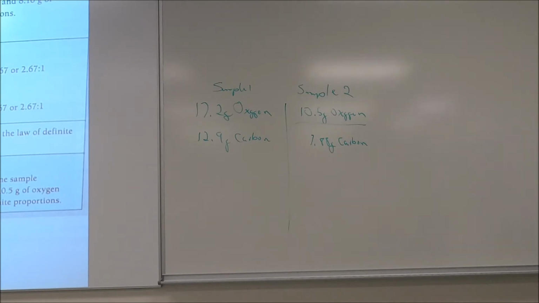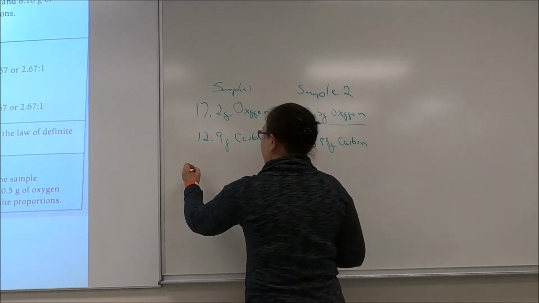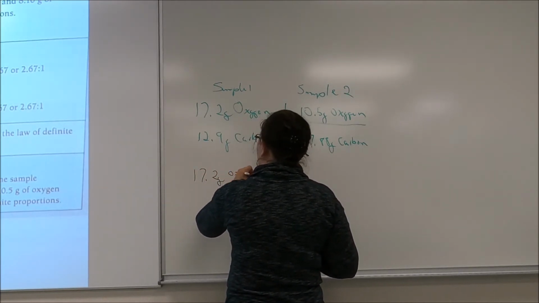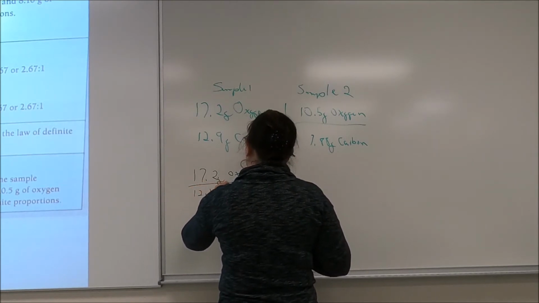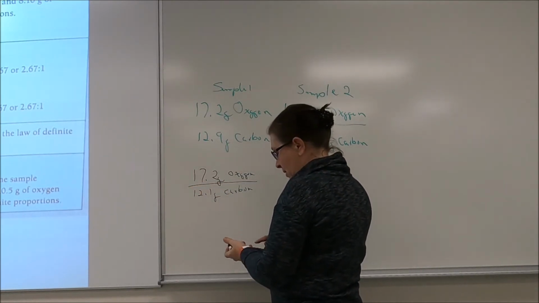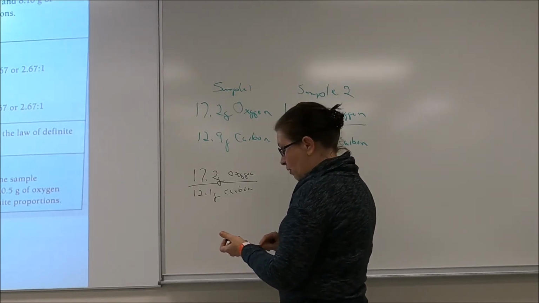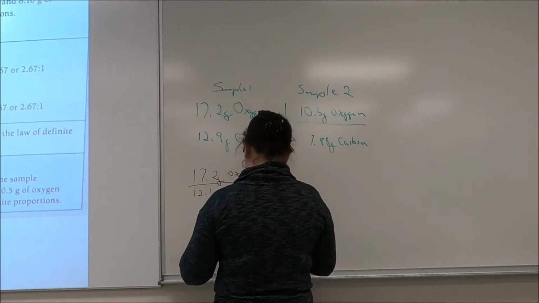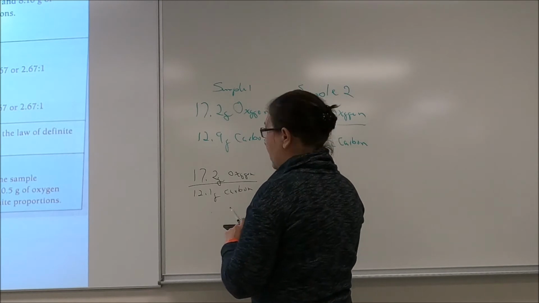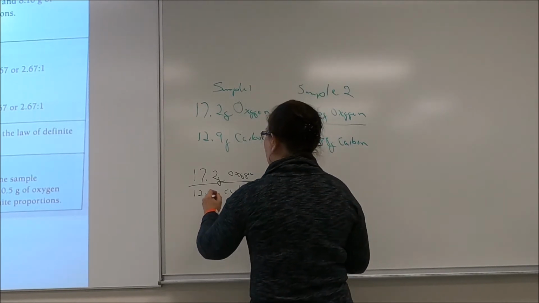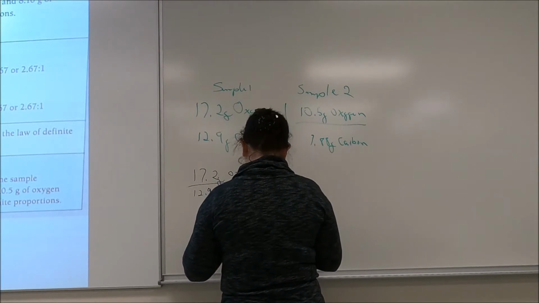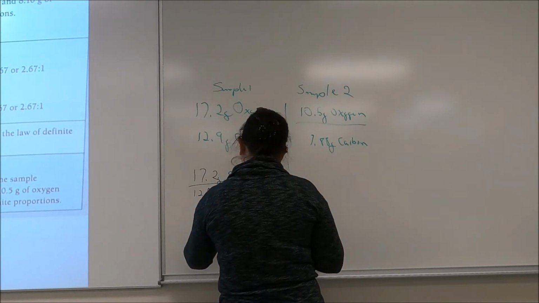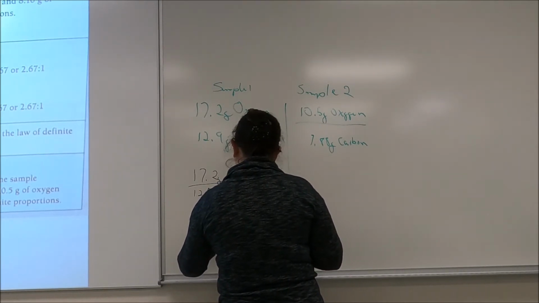If I take 17.2 grams of oxygen and divide it by 12.1 grams of carbon, 17.2 divided by 12.1, I get 1.33 grams of oxygen for every 1 gram of carbon.